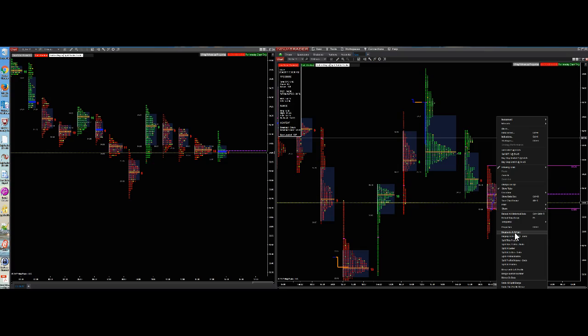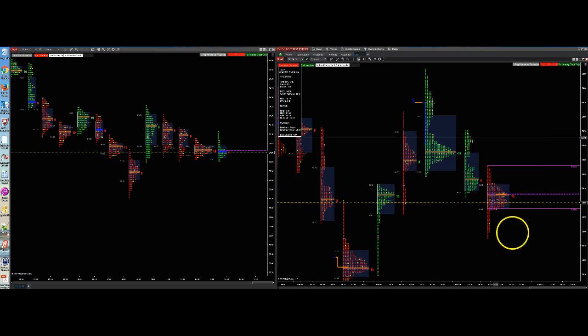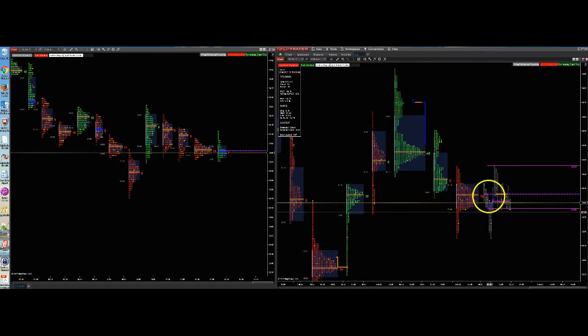You can split the profile as a full split, or you can split the usual split profile, the split at letters, split profile volume. You can split all profiles, you can merge profile, and then undo stuff. I'm going to split as a full split there.